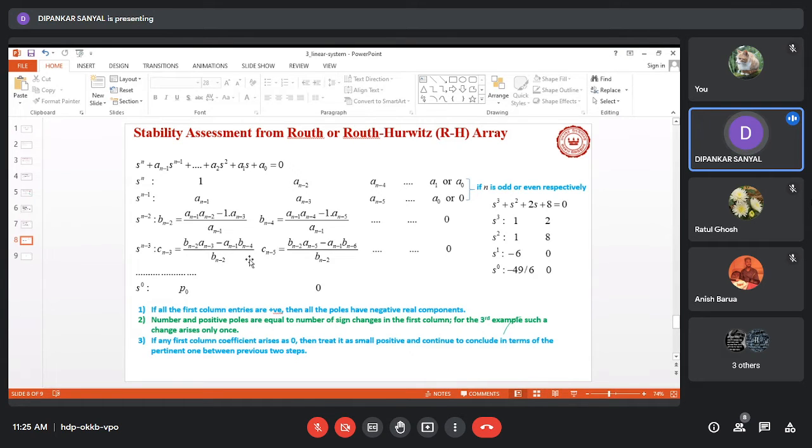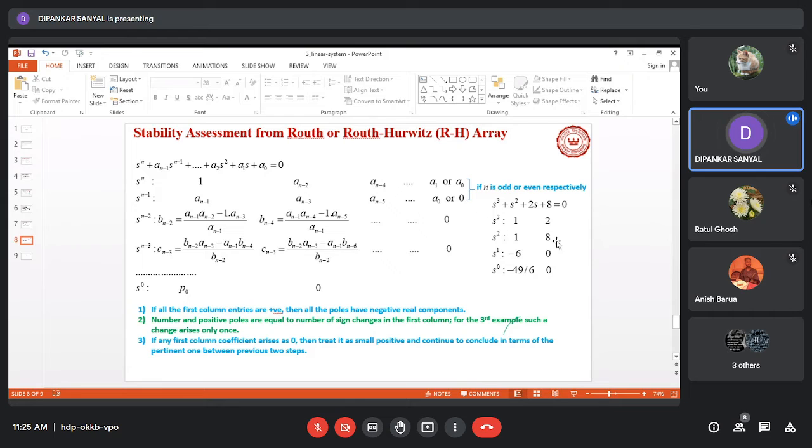So this way we keep on forming the array, and we realize this zero will move slowly towards this side, and at the final level we'll be having only one non-zero term here.